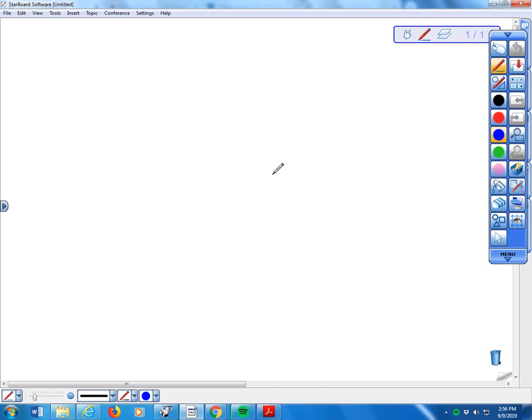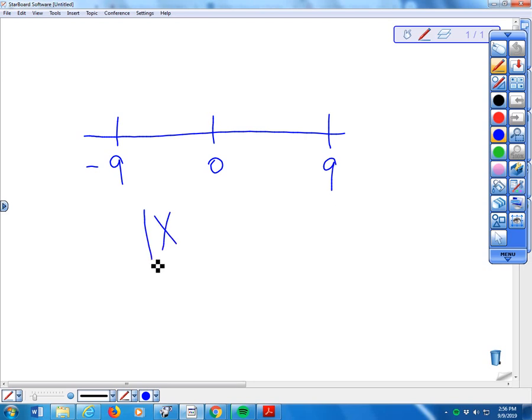So, okay. Today we're going to talk about solving absolute value equations and solving absolute value inequalities. Okay? Absolute value, if you remember, the definition is the distance a number is from 0.